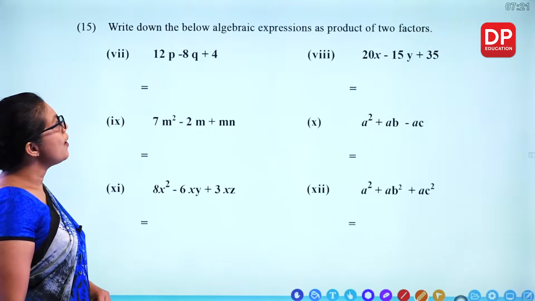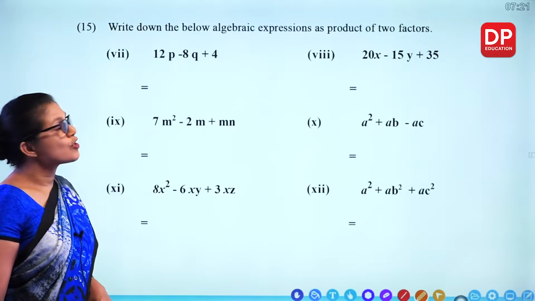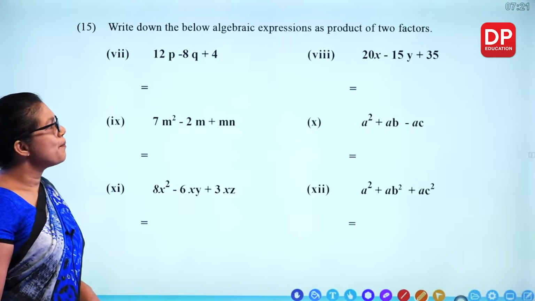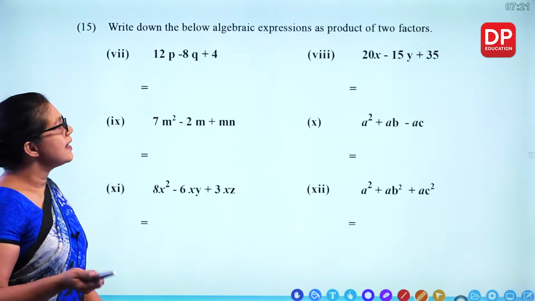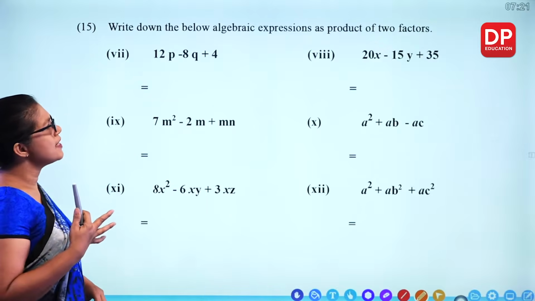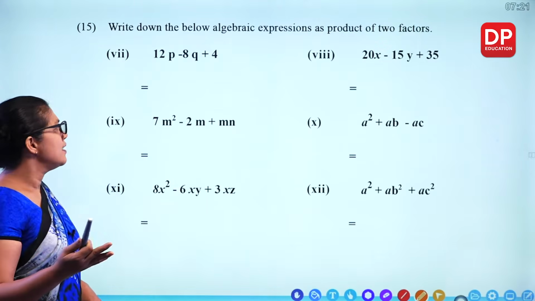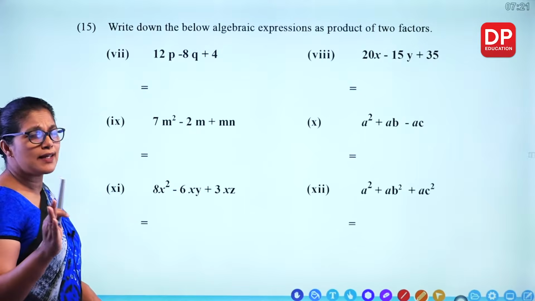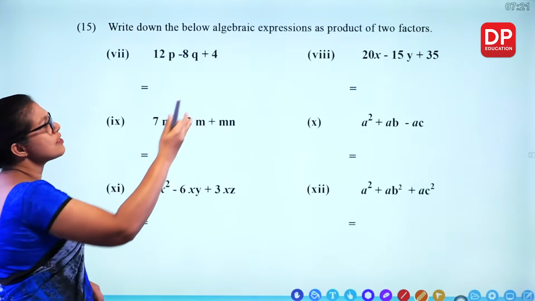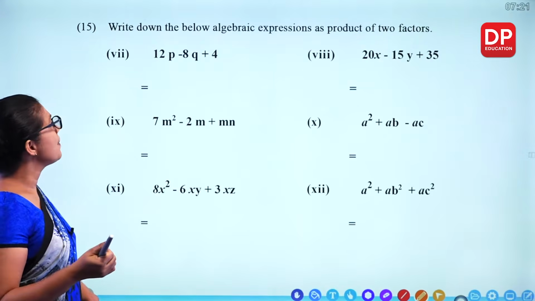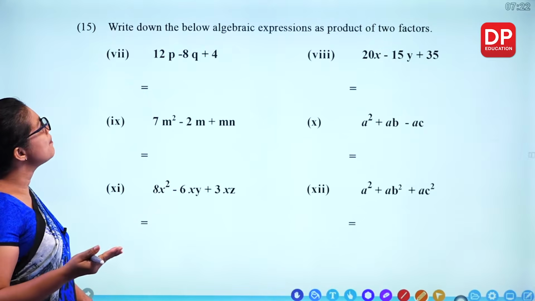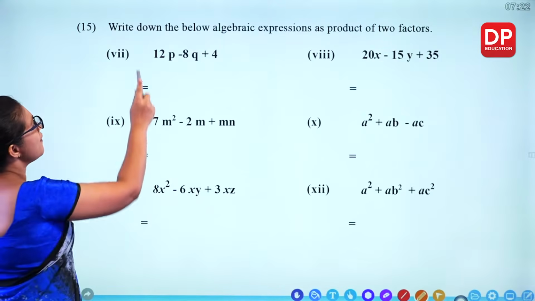Write down the below algebraic expressions as product of two factors. So that means take the common letter or number out from these expressions. Now you have 3, so you have to do the same thing. Look at all 3 expressions and take the common one: 12p, 8q and 4. Look at the numbers.